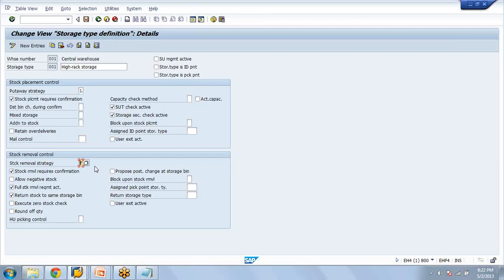One minute, not clear. If you remove mixed storage and addition to stock, and you activate only the put away strategy for next empty bin, then whenever we do MIGO, the goods receipt, at different times on the same day, the first one goes to one bin, in this example A bin.